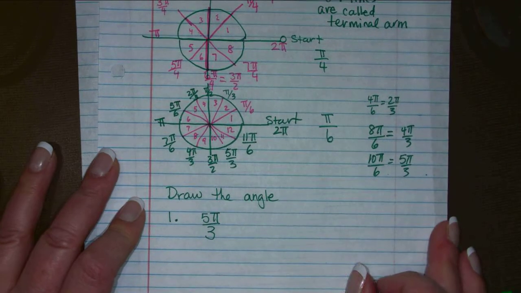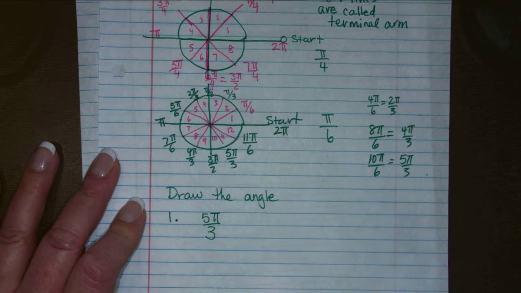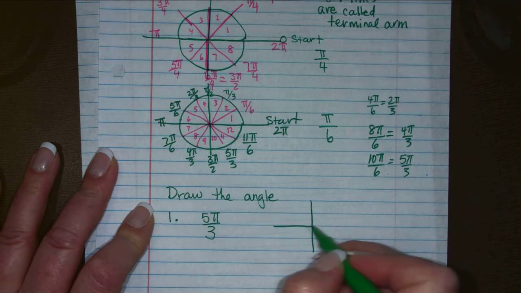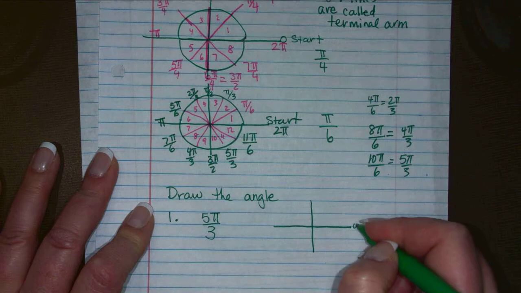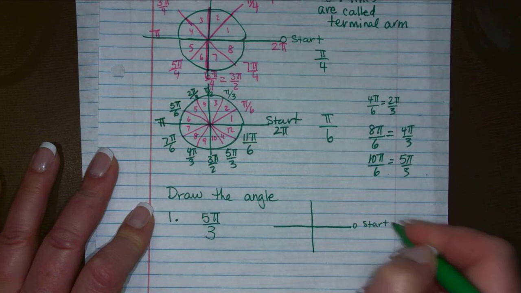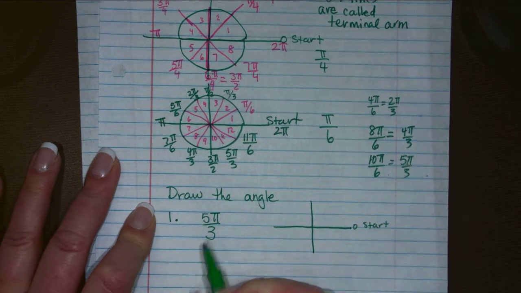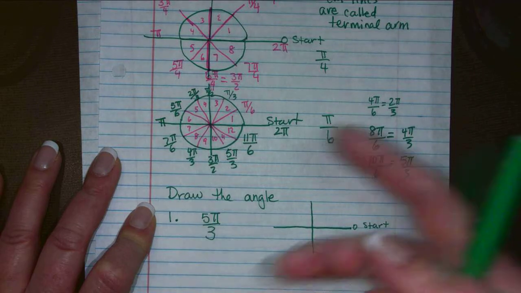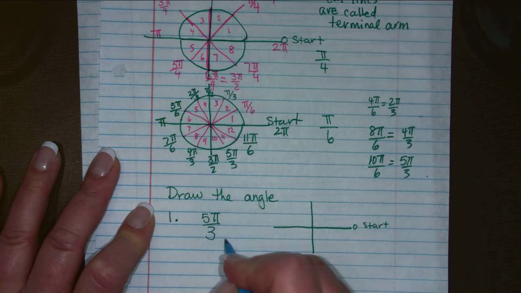So 5 pi over 3. So what you would do is you draw your x and y axis, and here's 0, here's your start. So 5 pi over 3 is telling you that you get to eat 5 pieces of pie that's cut into thirds. So this is cut into thirds, and we get to eat 5 pieces. That's what that's saying. So these are thirds.